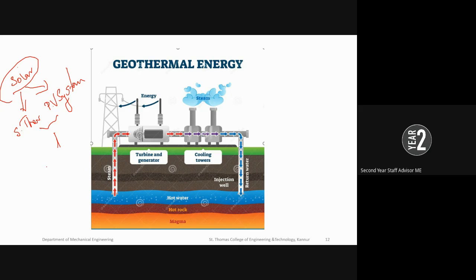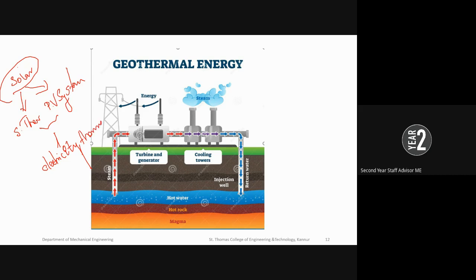We are converting this solar energy into our useful needs, electricity and also heating.